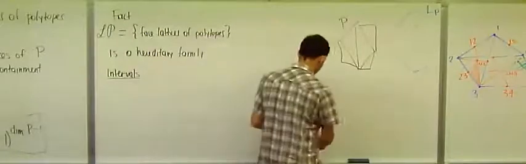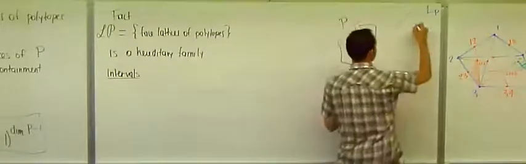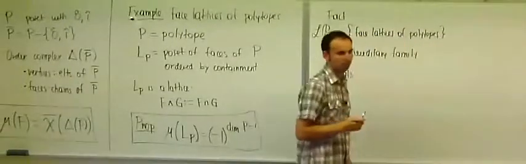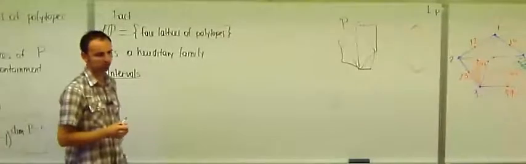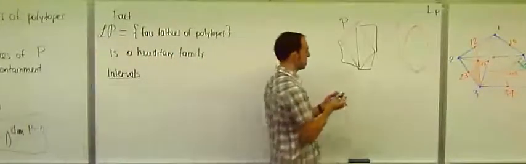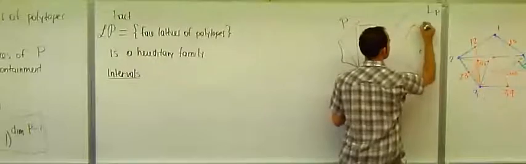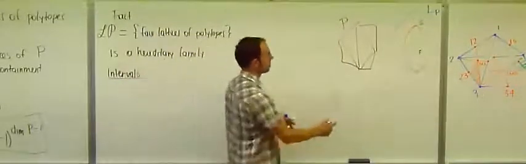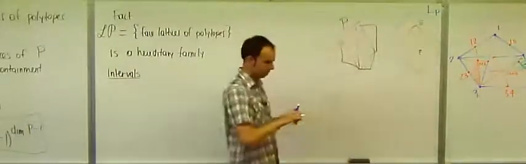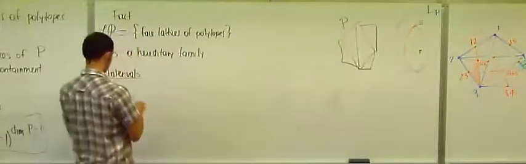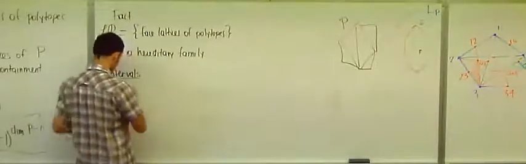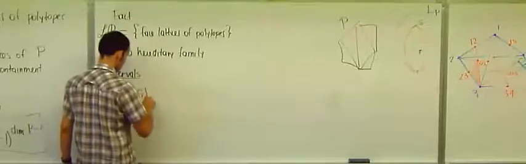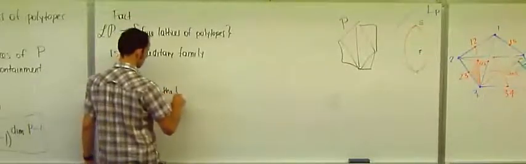So first, let's do something easier. Let's say that this is F and this is G. Why is 0 to G a face poset? It's the face poset of whom?